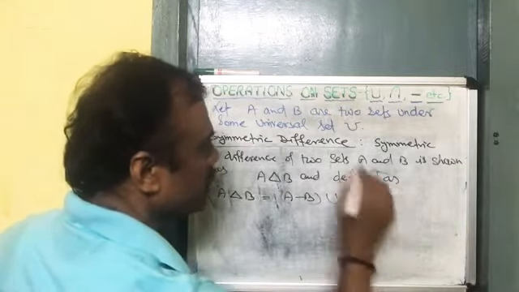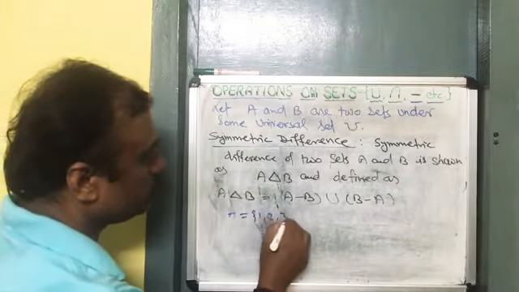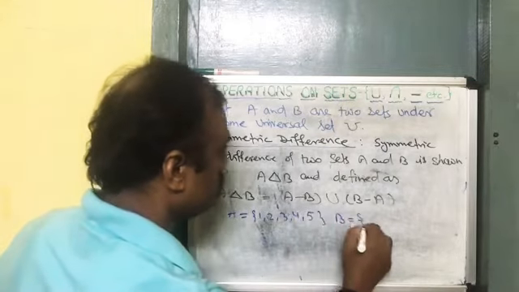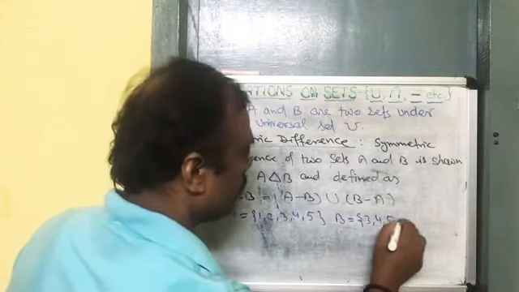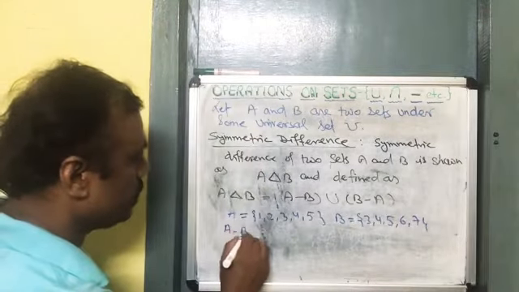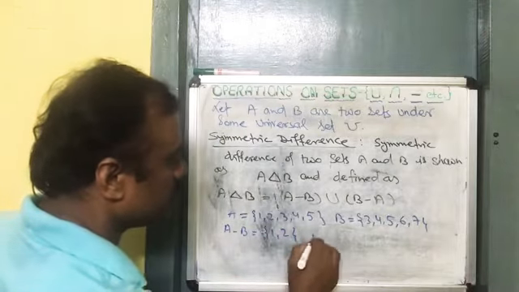In the previous example, you have seen that A equals 1 2 3 4 5, B equals 3 4 5 6 7. So what is A minus B? A minus B is 1 2. What is B minus A?